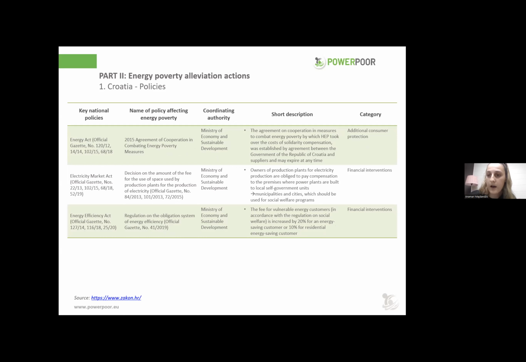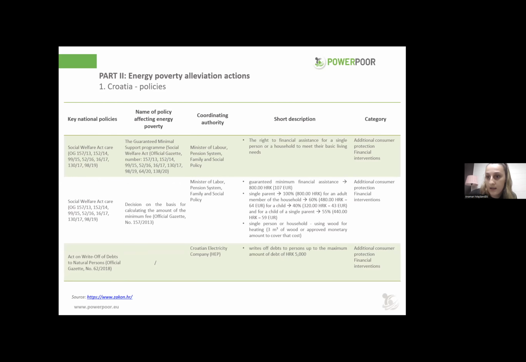This is about 30 million euros, so it is really big money going into the state budget. And from that, the money goes for the energy vouchers. It only goes to people who are under the Social Welfare Act, so you need to be somewhere in their system to get it.